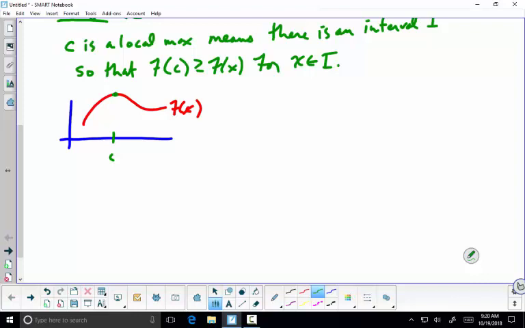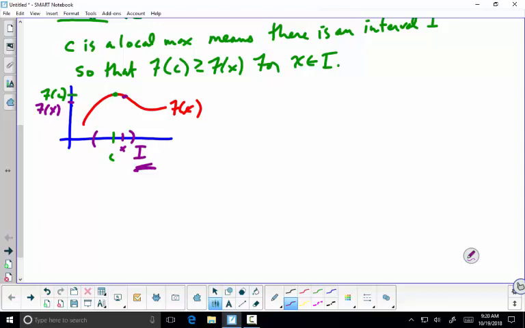That means that we can construct this interval around c so that picking any x value, let's say we pick this one right here, plugging it into the function, the value f of x will be below the functional value at f of c. So here's f of c, and here is f of x. Okay. So that's just reiterating the definition of what it means to be a local maximum. And I'm going to take that interval I. I need that interval I to be able to do this problem.